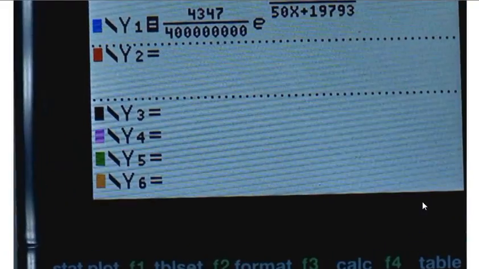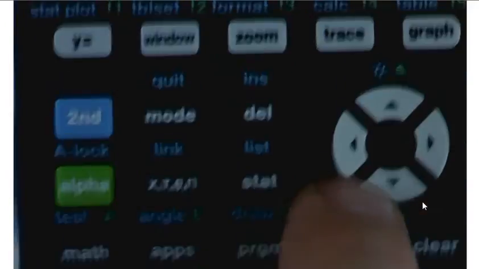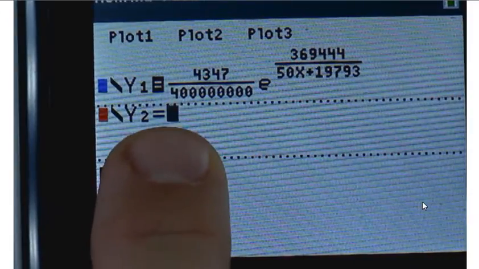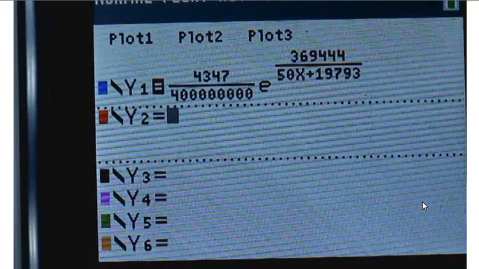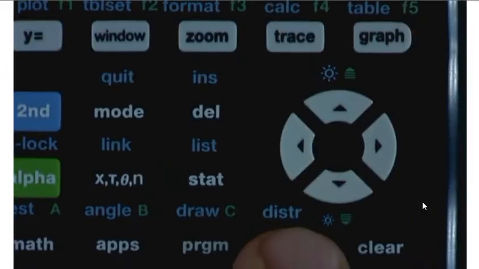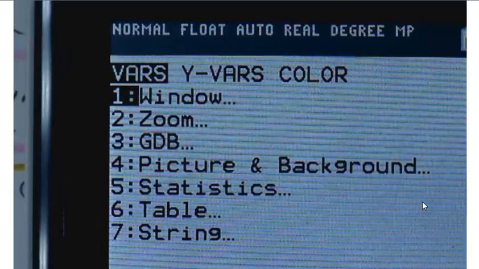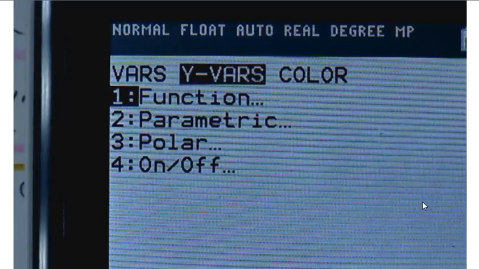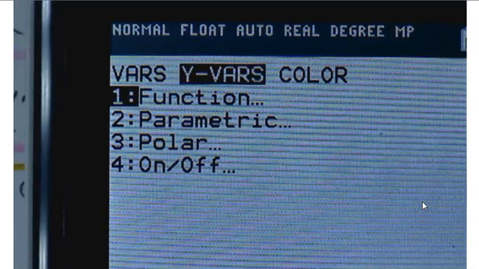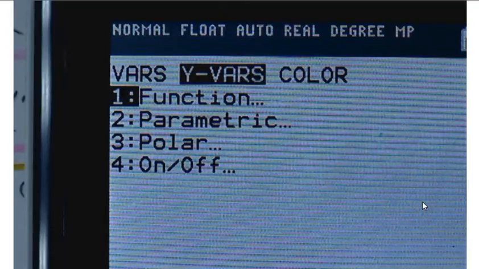So, on your calculator, with the cursor at y equals Y2, clear that out, and look for the vars key. We're going to go back to this later when we do Newton's method, so it's not a bad idea to find this now. If you press the vars button, you should see a menu like this, and we want the Y variables. So cursor to the right should give you another menu like this. Press enter.